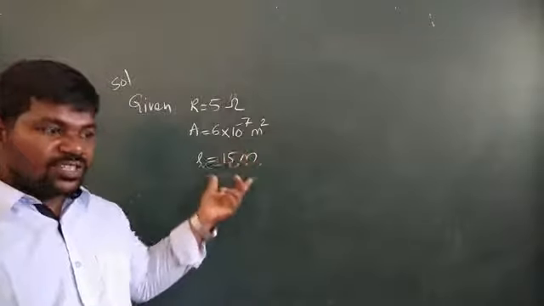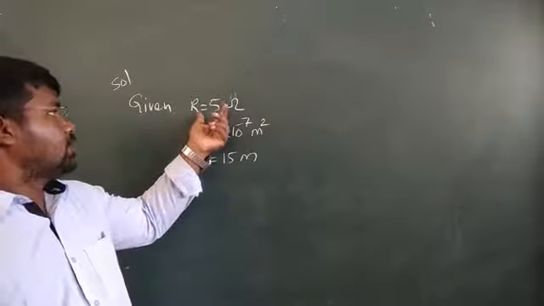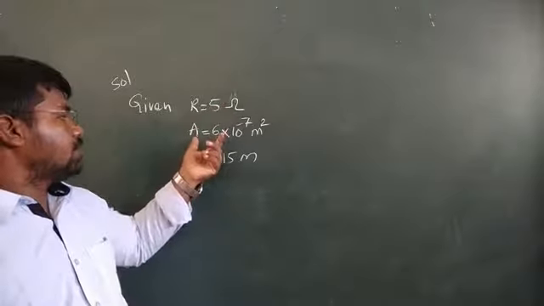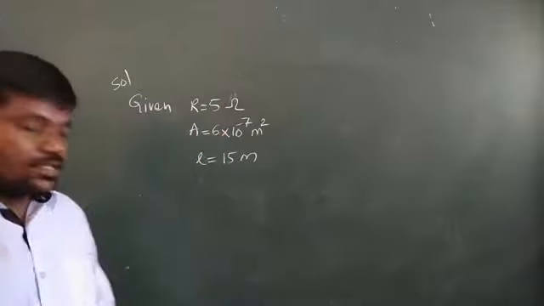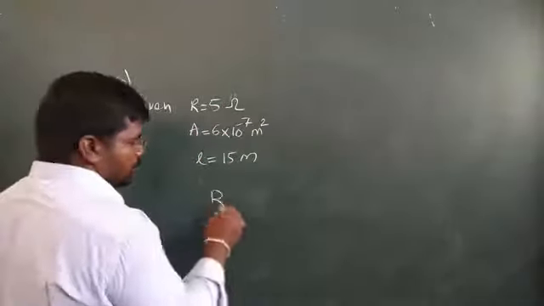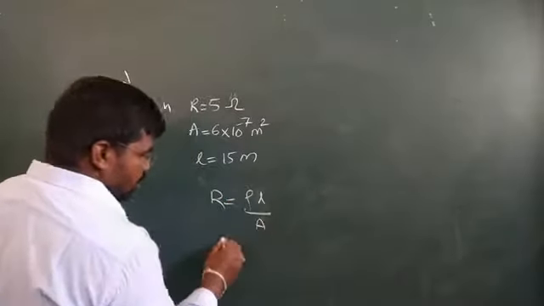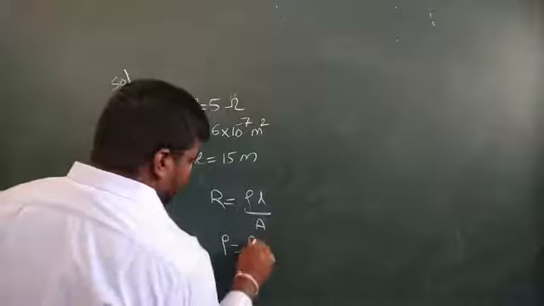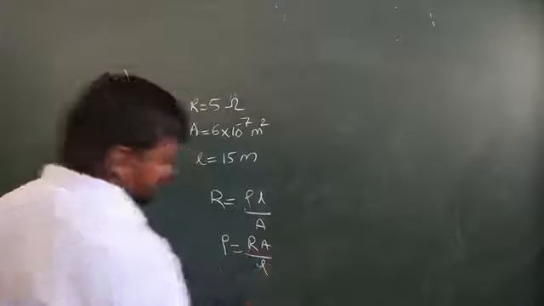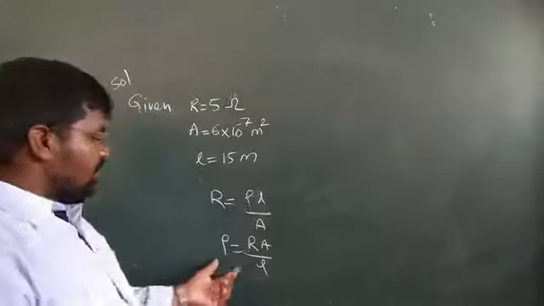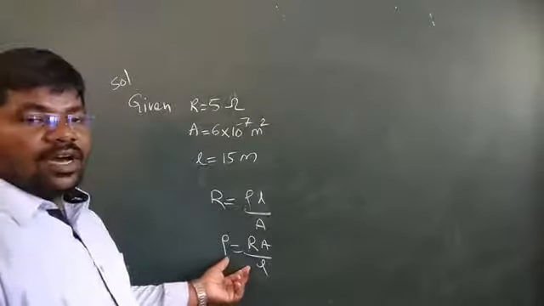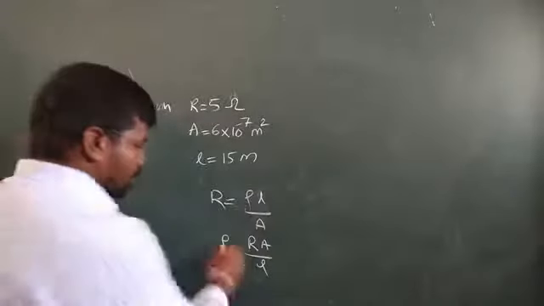Is there any relation among resistance, area and length? Yes, R is equal to rho L by A, so rho is equal to RA by L. This is the resistivity or specific resistance formula.